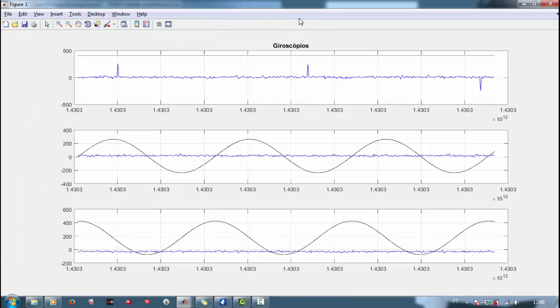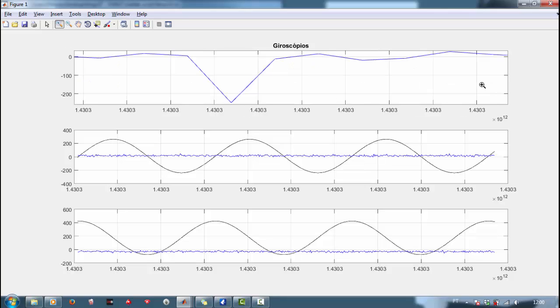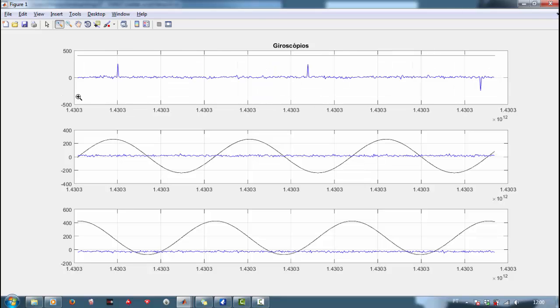The next thing I will analyze is the gyroscopes. We can see in the gyroscopes that there are 3 major changes. I don't know why they happened. I believe that maybe the robot had some major variation in the position or maybe it rotated a little bit, which gave us this result.